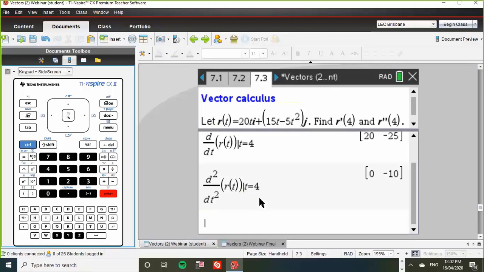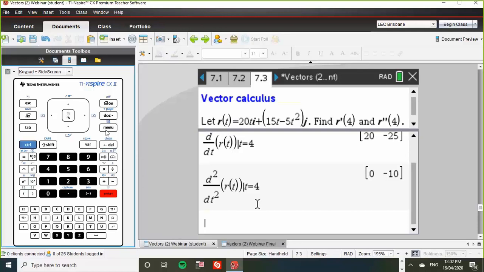The other thing that you can do is find the speed. Now, to find the speed, that is the magnitude of the velocity vector. And to work out a magnitude of a vector in TI-Nspire, you use what's called the norm command.